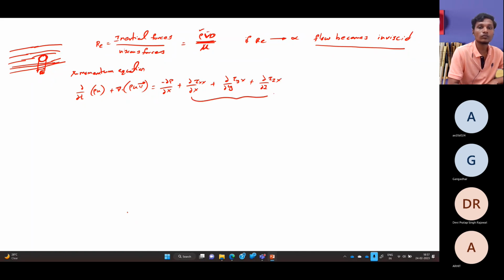These are all our shear or viscous terms.